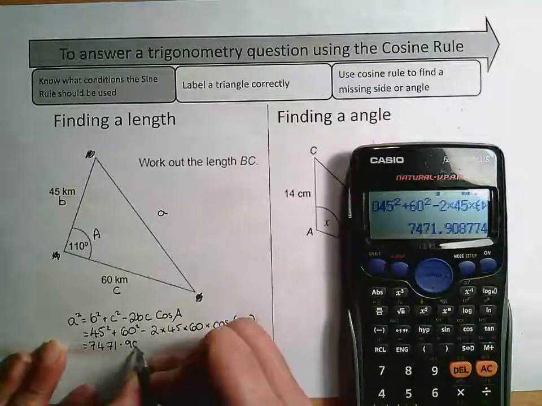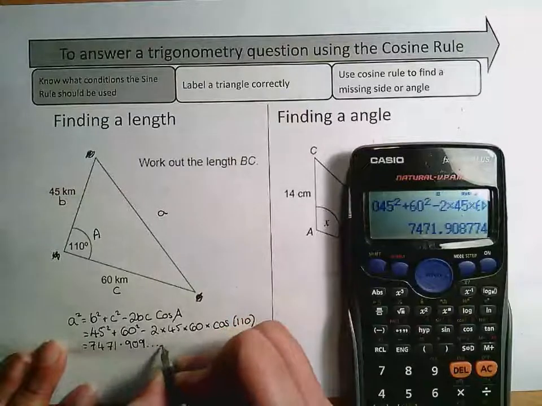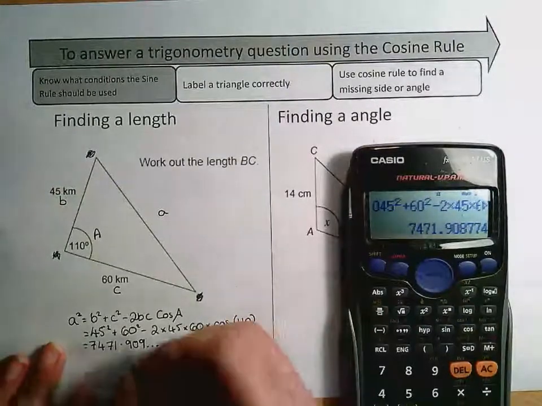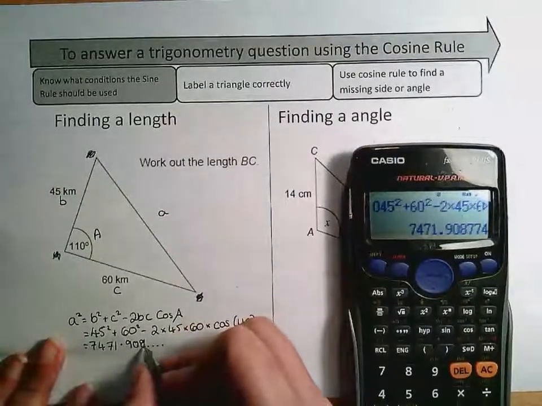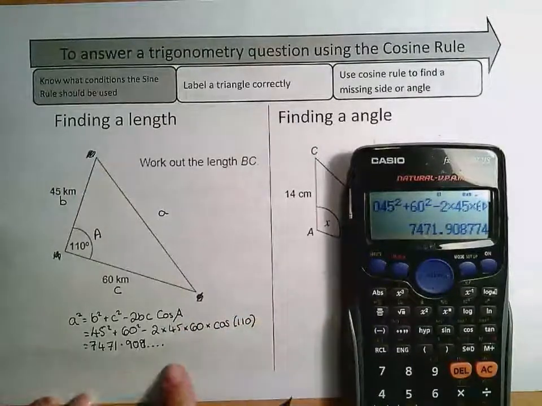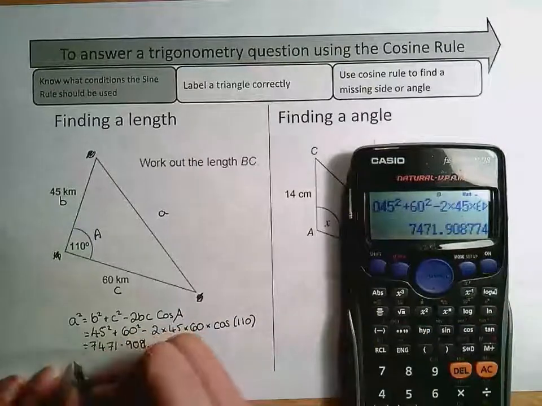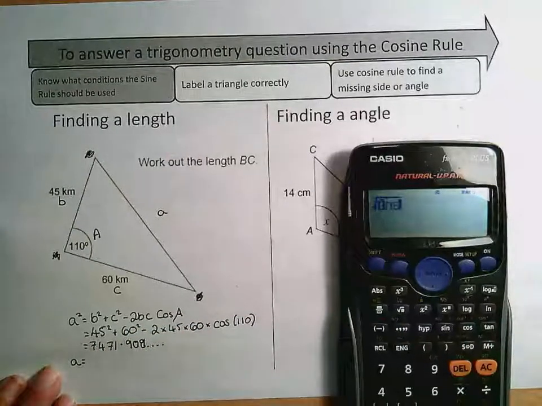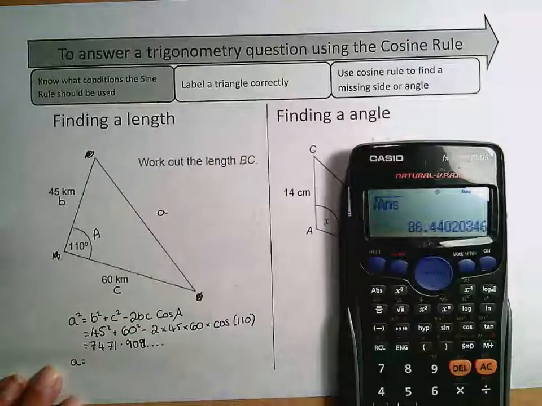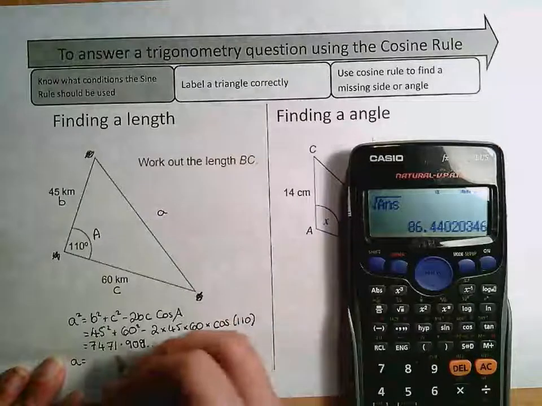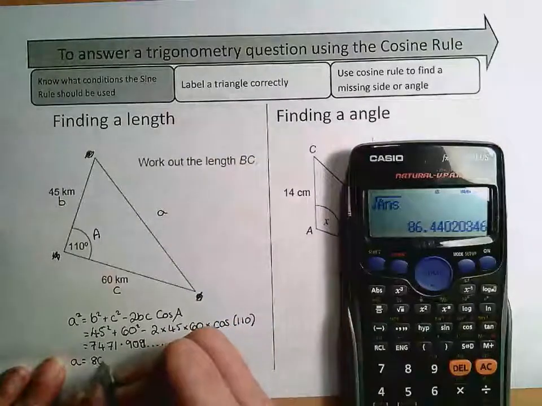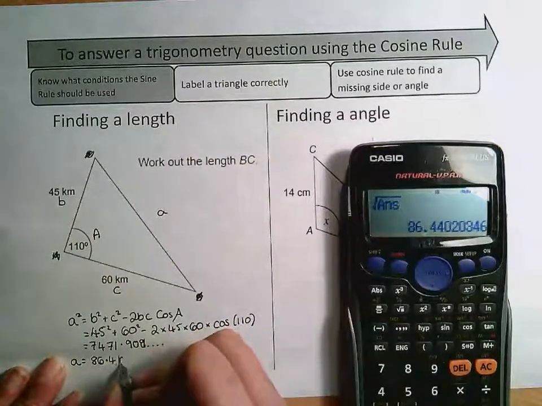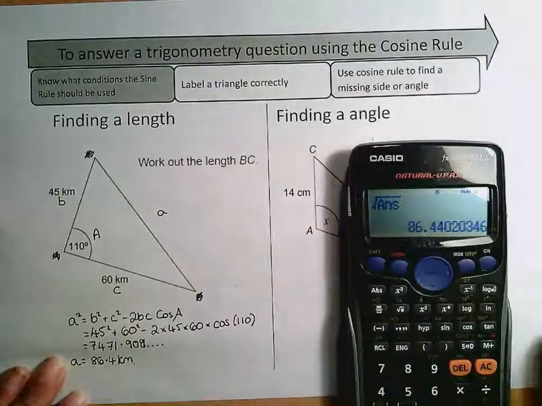I'm not going to write it all down, I'm just going to write it to there. In fact, I'm going to keep that as an 8 followed by dot, dot, dot, to say that is the full number, but I've kept it on my screen because I haven't finished, because this is what a squared equals. So to finish it off, I'm going to square root, and I'm going to hit the answer button, because that answer was the last one on my screen, and press equals. So this length here is 86.4 kilometers.